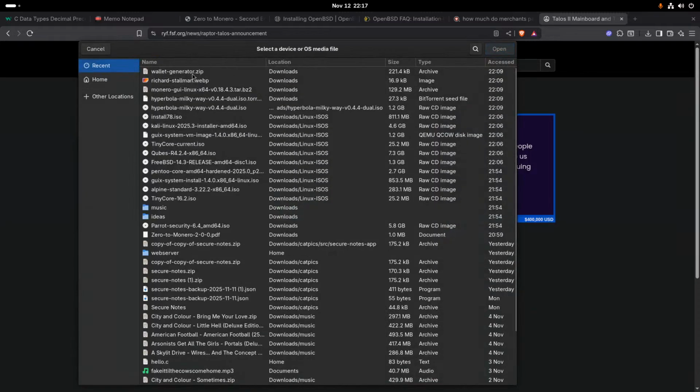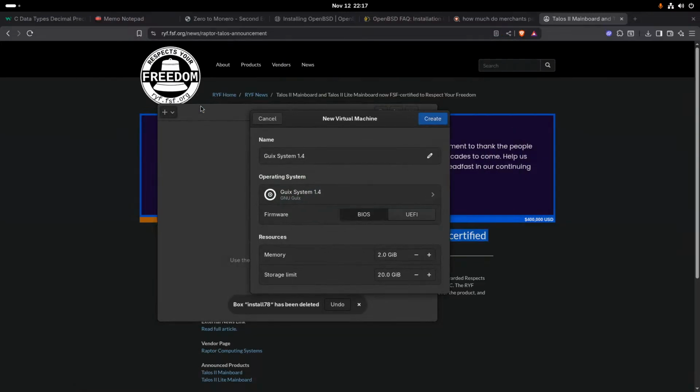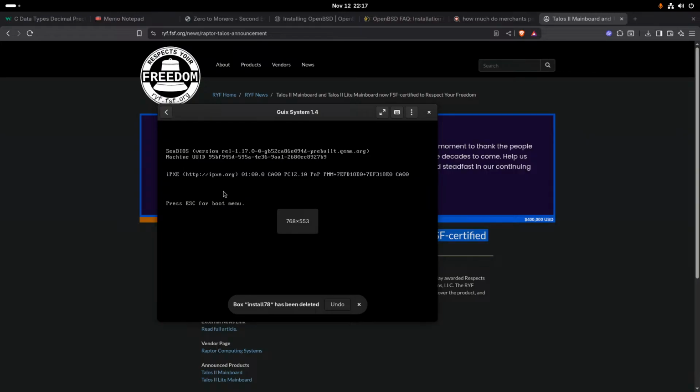We're gonna do geeks. We're gonna give it a lot of RAM, baby.